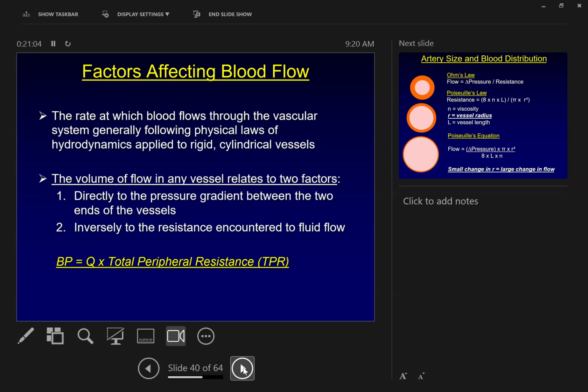So it falls in the arteries, it falls further into the arterioles, it falls even further as it goes into the capillaries, and then it falls more as it moves through the venules and the veins and back. The area of lowest pressure in a blood vessel in your body should be the superior vena cava. Okay? It should be the superior vena cava. So blood, like all fluid, moves from high pressure to low pressure.